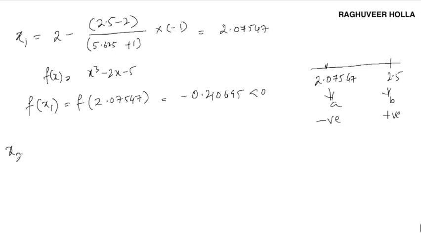So we get the second approximation, keeping this as A and this as B. As you can see here, B is constant.